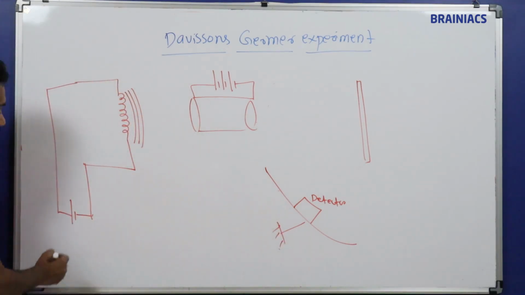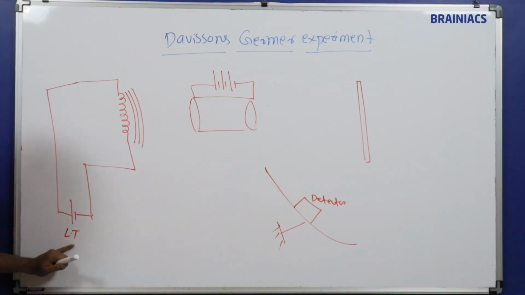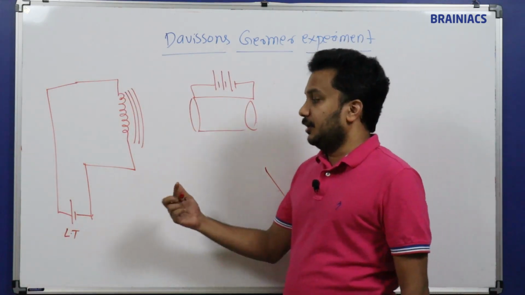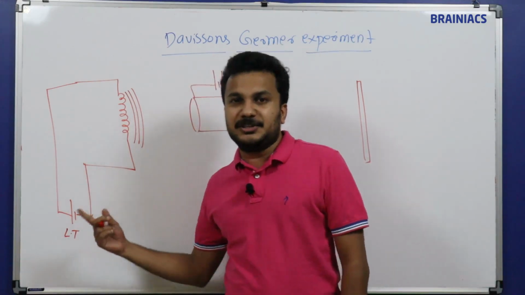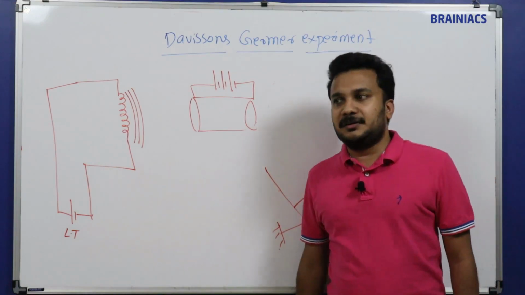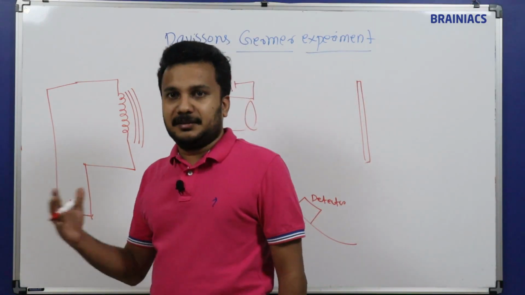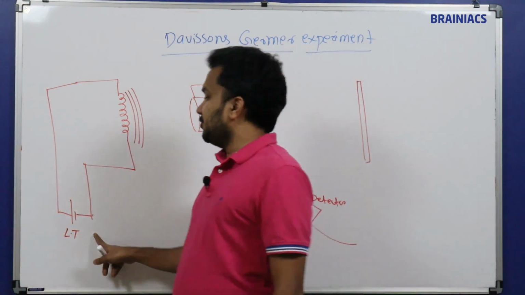I'm writing this as LT. In physics, LT is called low tension. Low tension means low power battery, and tension means voltage. Tension is a very common term used by electricity board people, I mean the lineman and the assistant engineer. So low tension means a low tension battery.